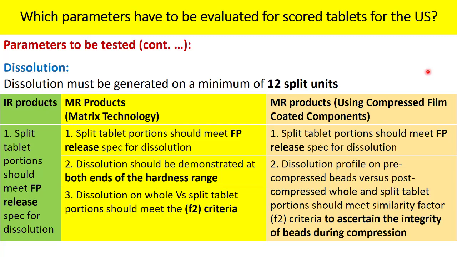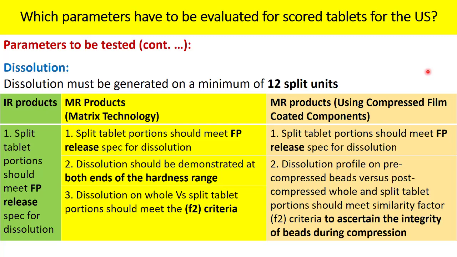Your reference should be the pre-compressed beads, because this is the one which is intact, right? The pellets have not been broken, either because of the compression process or because of the splitting of the tablet.